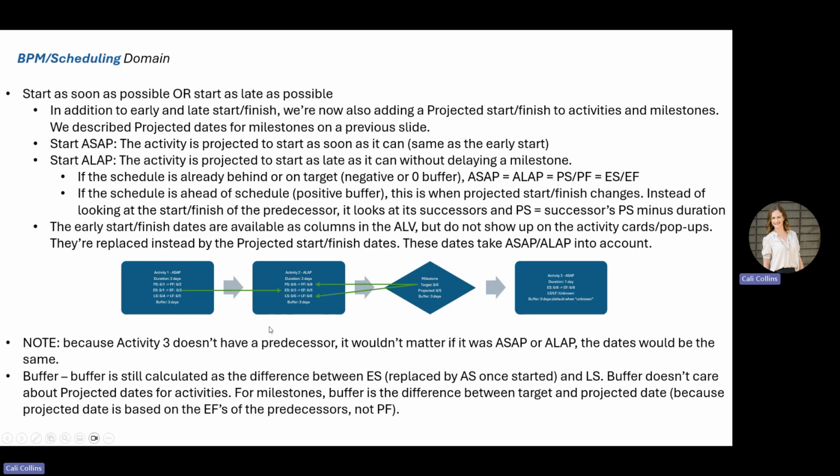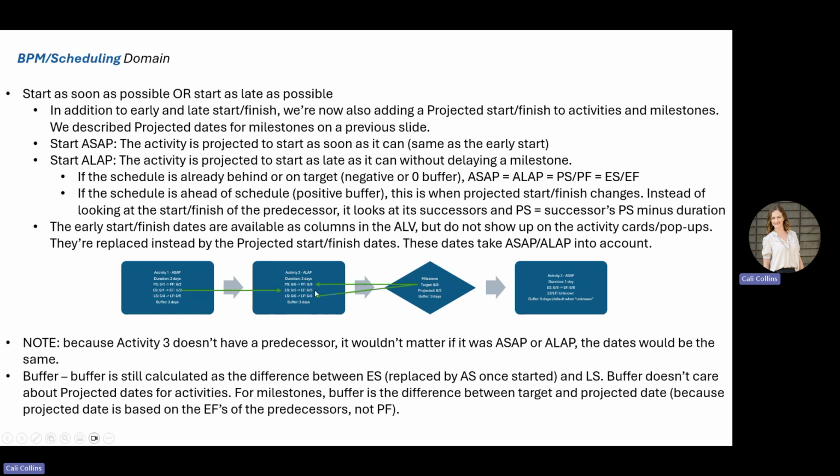The next thing you'll see here is that the buffer is still calculated as the difference between the early start and the late start, or the actual start and the late start if you've started it as well. So the buffer will be moved down to the 3 days. It still remains at that, even on this as late as possible.